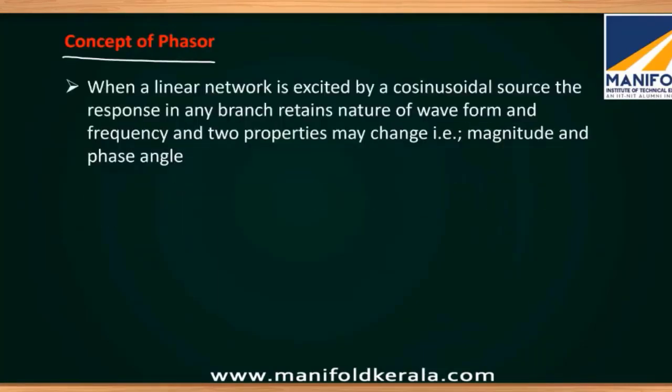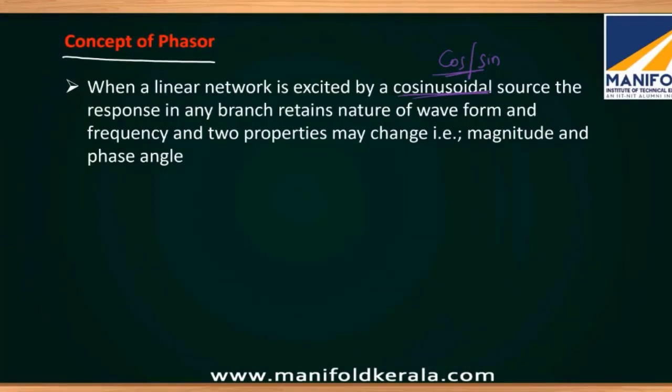So the point is, when a linear network is excited by a cosinusoidal source, that means a cos or sine source, the response in any branch, whether it is a voltage drop or a current through that branch, retains two properties of the waveform.